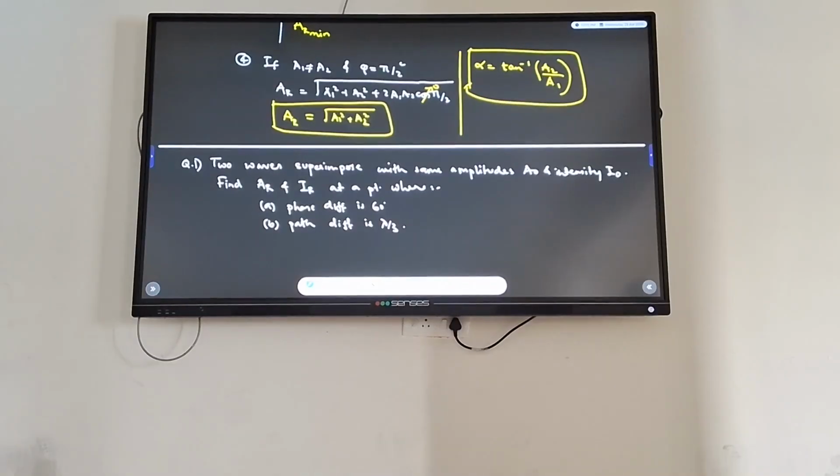Root 3 I naught, 3 I naught. Do I have to do this problem? No, sir. It's all good now. That is for the A part. What about the B part?